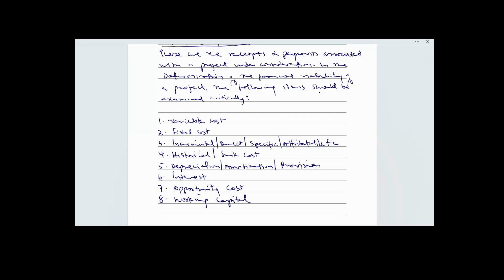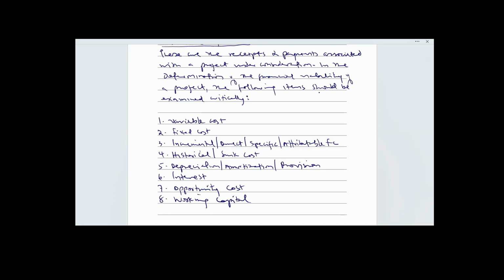Examples of variable costs include direct material, direct labor, direct expenses, and variable part of production overhead. So if in a question you are given direct material, direct labor, direct expenses, or variable overhead, you should know that those are variable costs or marginal costs.